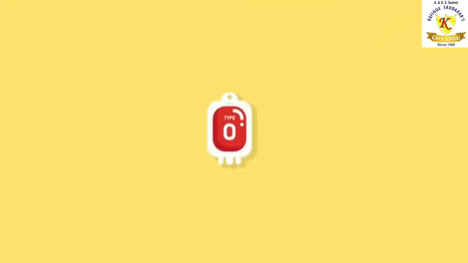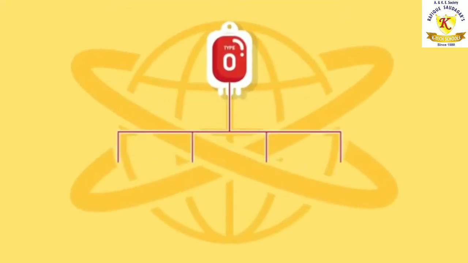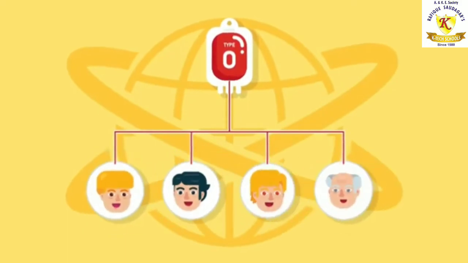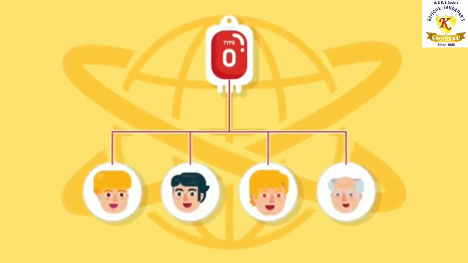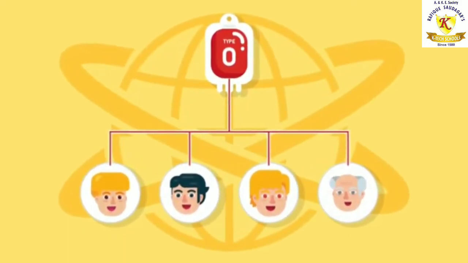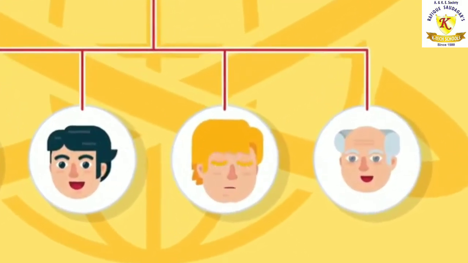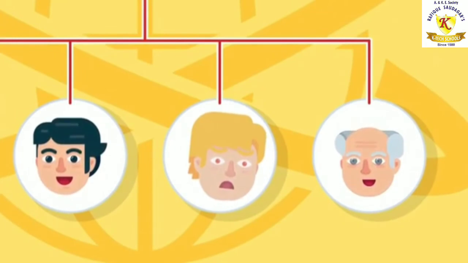In an emergency, type O blood can be given because it is most likely to be accepted by all the blood groups or types. However, there is still risk involved.